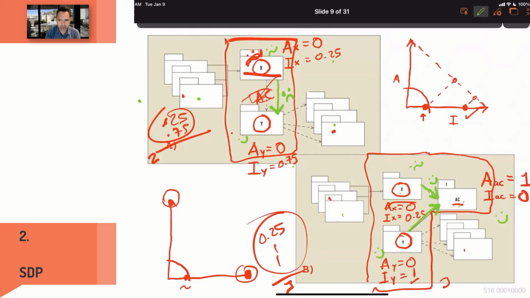What about the connection between Y and AC? It's in the opposite direction. Abstraction 0 to 1 and instability 1 to 0. In fact, if you notice, it is the perfect scenario, a class inheriting from an interface.